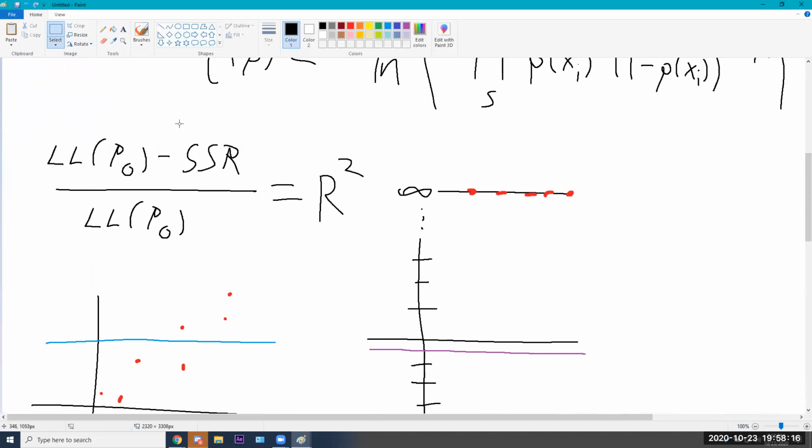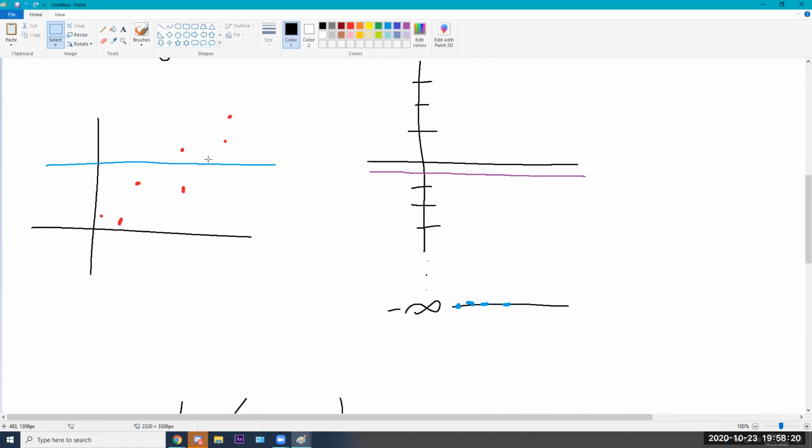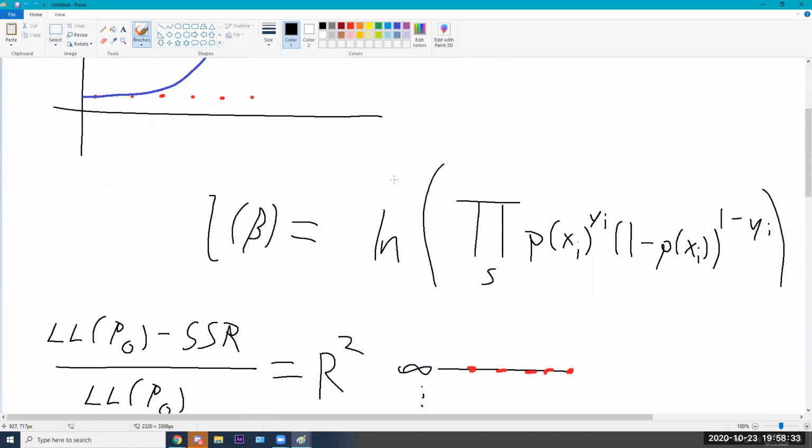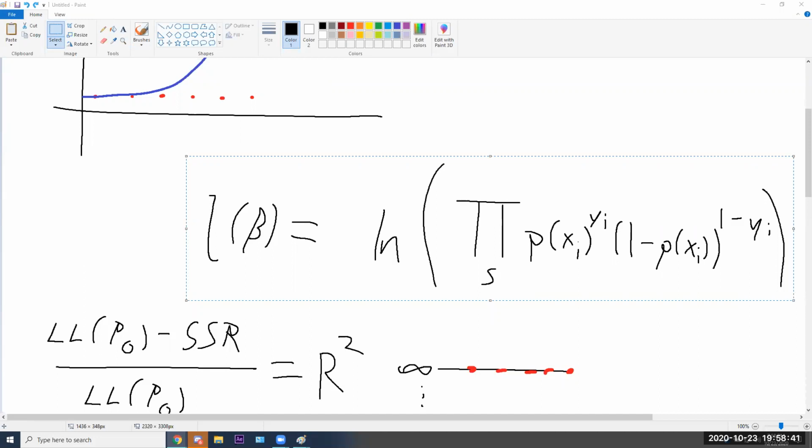And then now we need to do the same thing for SSR. In the example of linear regression, SSR was the same function that we used as our error function that we try to optimize, where it's just the difference squared. And here, we actually have that same function, the one that we're trying to optimize.